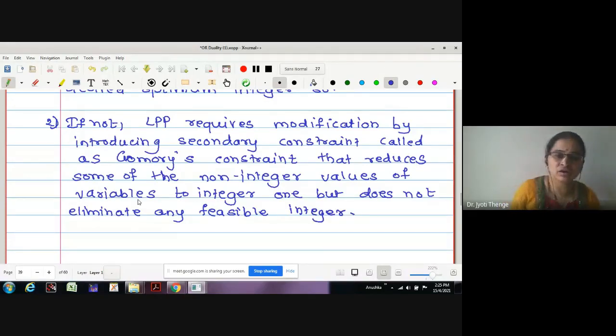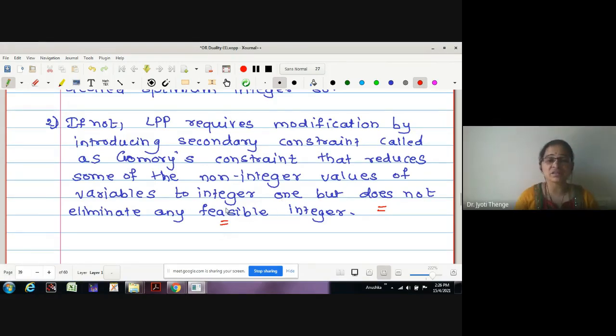The second observation tells us that if the solution of the variables is not integer valued, then this requires modification by introducing a secondary constraint called Gomori's constraint. Now this constraint converts the non-integer values of the variables to integer ones, but it does not affect any feasible integer. If this condition was removed, what will happen? Suppose we have two variables x1 and x2. x1 is already integer, x2 is non-integer, and suppose Gomori's constraint converts x2 to integer, but simultaneously converts x1 to non-integer.